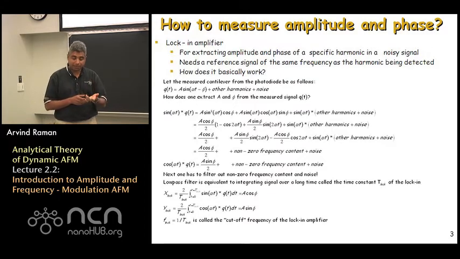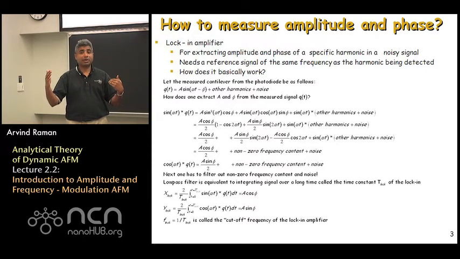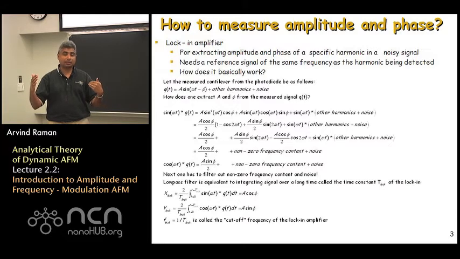That can be done by integrating, as I've shown, the product over a long enough time range, which is called a lock-in time constant, T-lock. When one does that, you can look in the appendix for some details. Basically, one filters out all the harmonics, all the noise, and you're left with A sine phi over 2 or A cosine phi over 2.